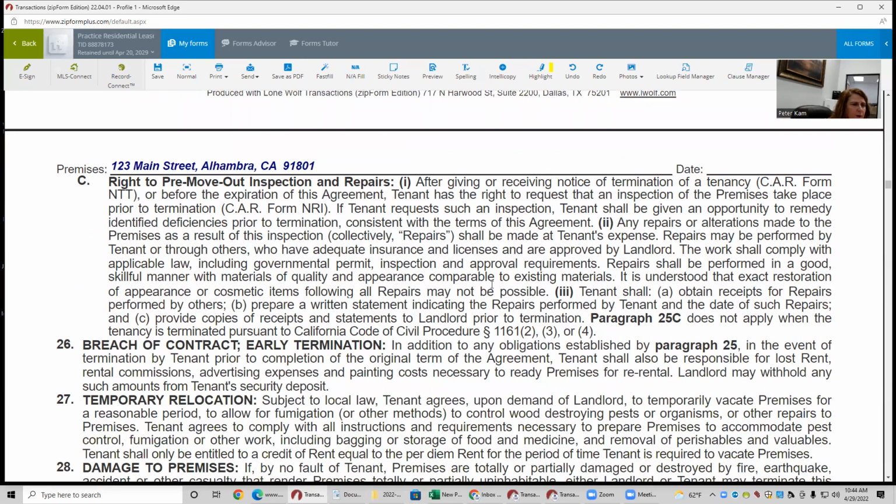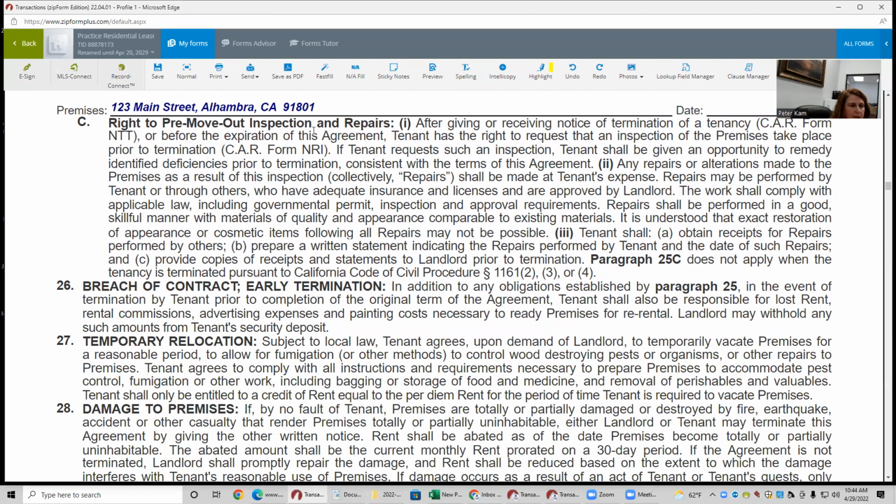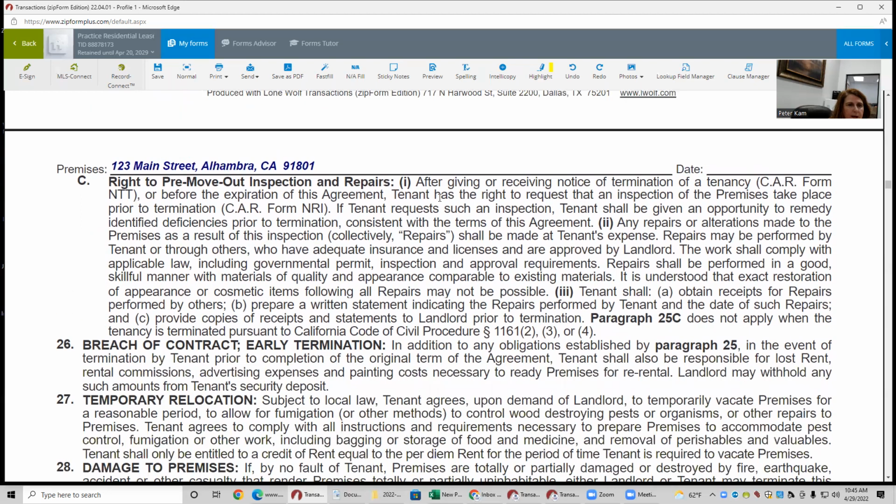So the tenant has a right to a pre-move out inspection if they wish. After giving or receiving notice of termination of a tenancy on or before the expiration of this agreement, the tenant can request that an inspection of the premises take place prior to termination.